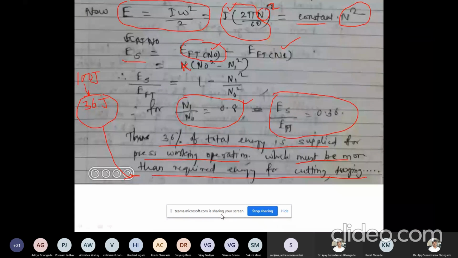Conceptually, for the press force, we worked out the maximum force which can be utilized for the operations. In the second way, we are now working out the maximum energy which can be utilized for the various press working operations. So we can see both the energy calculation as well as the force calculation.